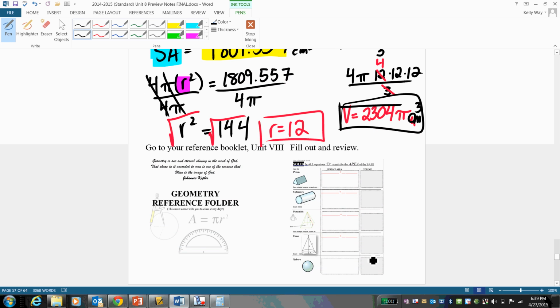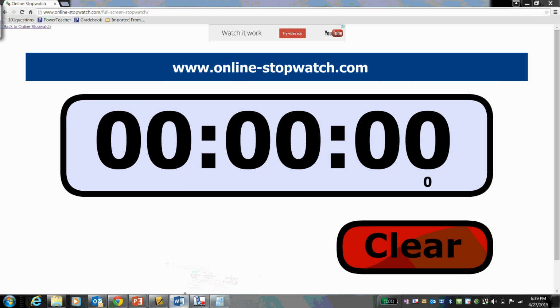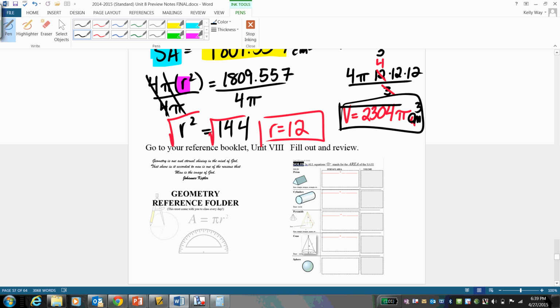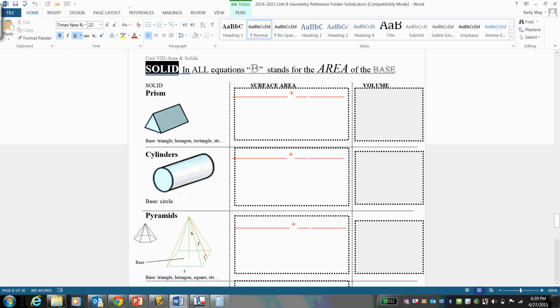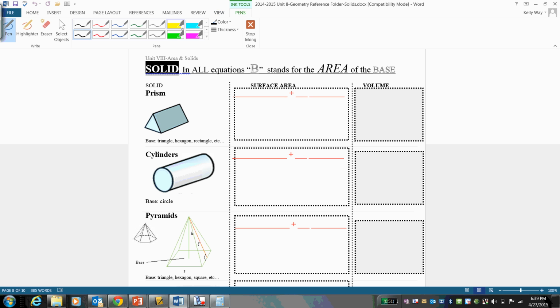Find this page in your reference booklet, and we're going to summarize what we've learned so far. Okay, now you're in your reference booklet. It's practically the last page or very close to it. Let's start with volume, because volume is the easiest.